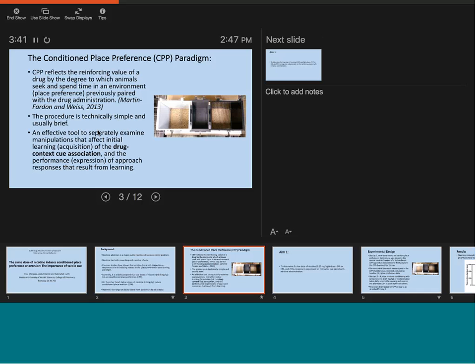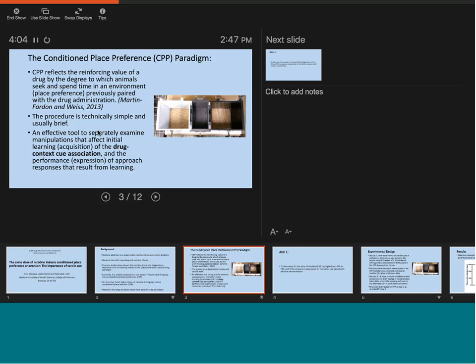I'm going to go a little more into the procedure. You place an animal here, and once we establish the time spent in all three chambers within this arena, we isolate each chamber and condition the animal, hence the place preference.